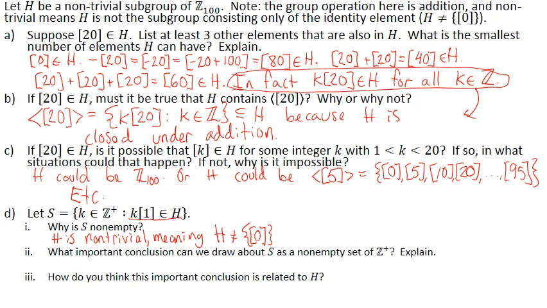So there must be something else in H. There's some [k] in H, where k has to be between 1 and 99. Okay? So that k would be in S.